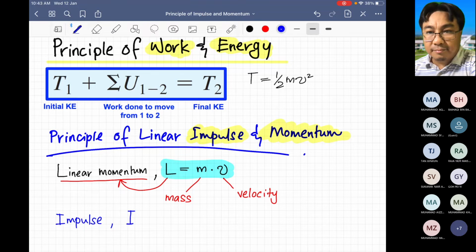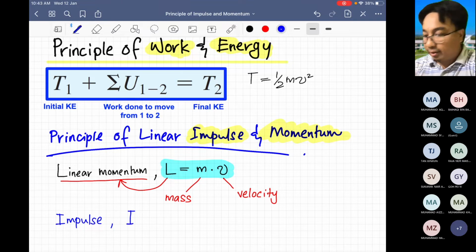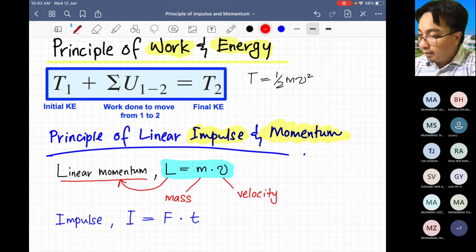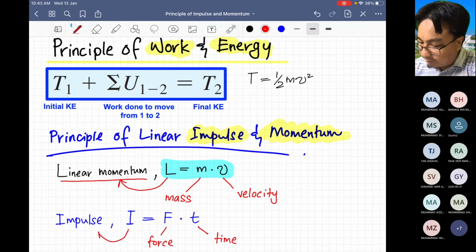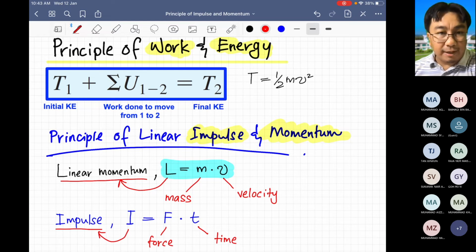Force time, sir. Yes, thank you. Very good. What is your name? Muhammad Hakimi, thank you. So impulse is equal to force times time. This will be the force times time. This is the impulse. What is the difference from work done? For work done before, force times what?